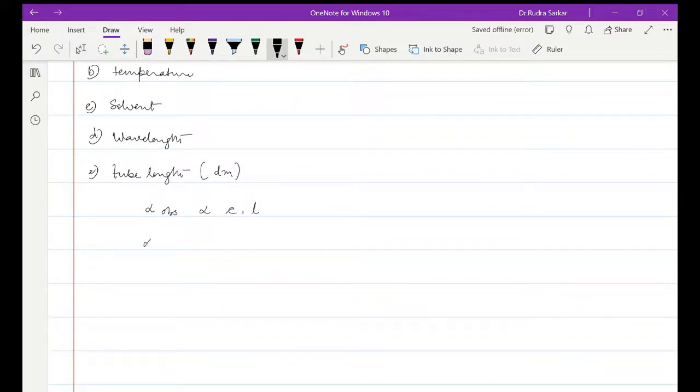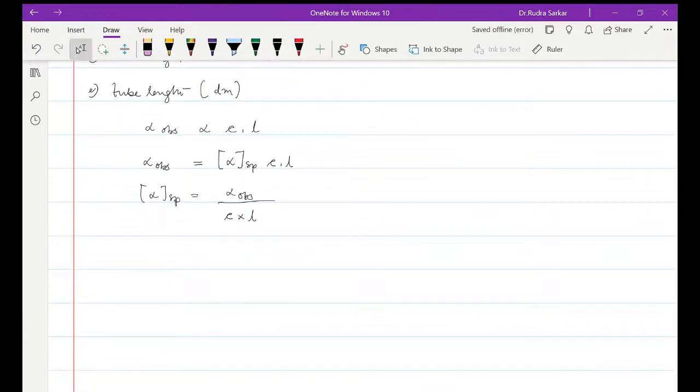So we can write that the observed rotation will be alpha specific times C times L, or the specific rotation will be alpha observed divided by concentration and the length of the tube.